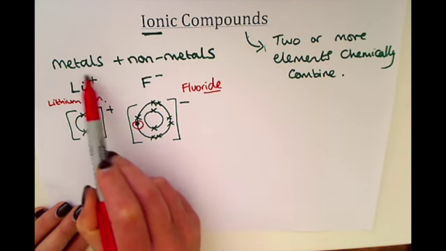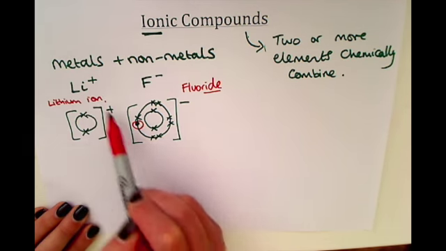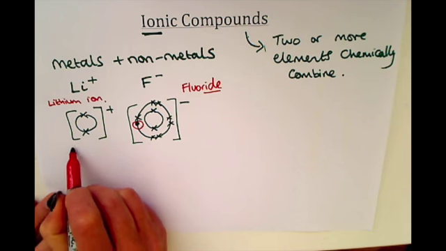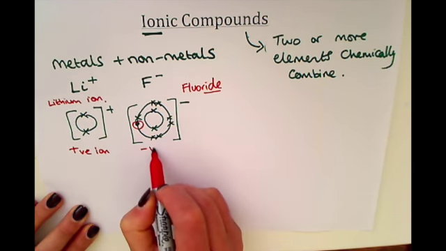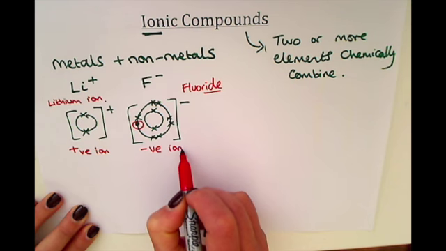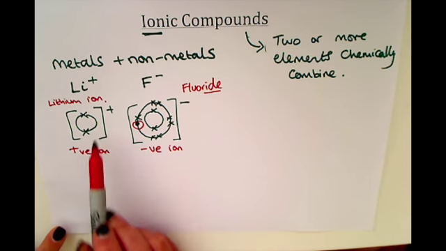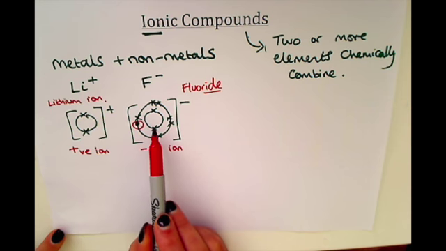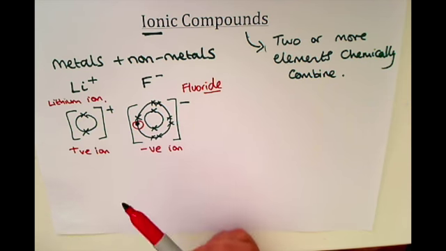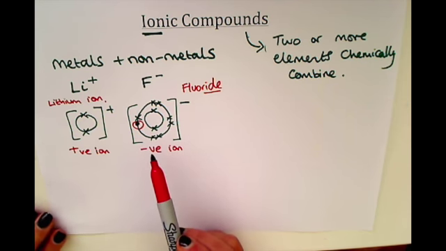You now have a case where you've got Li+, or a positive ion, and a negative ion. And you can see in this circumstance that the positive ion would be attracted to the negative ion, and this is where we get that ionic bond.